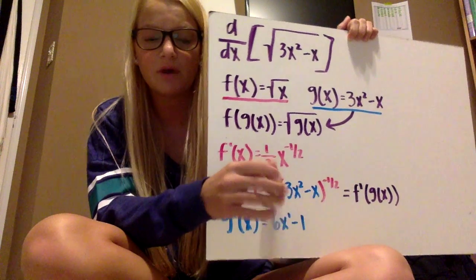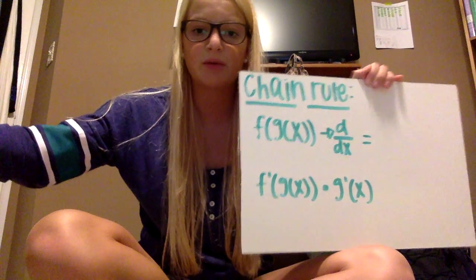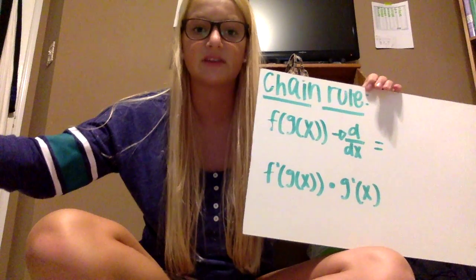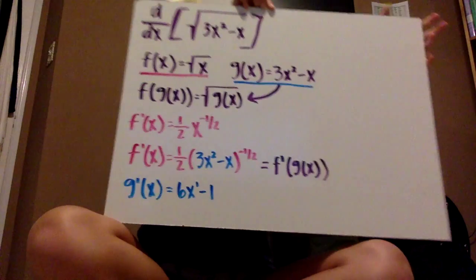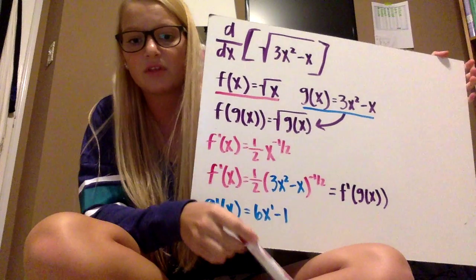But if you remember from our other one, for the chain rule, it's f prime of g of x. So we just solved that times the derivative of your inside function, which is g of x. So we've already solved the first part right there. And then we have to solve for the g prime of x.